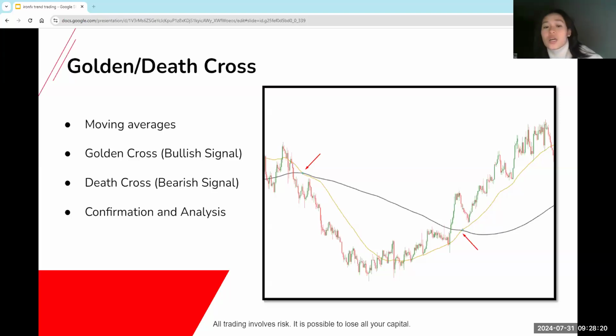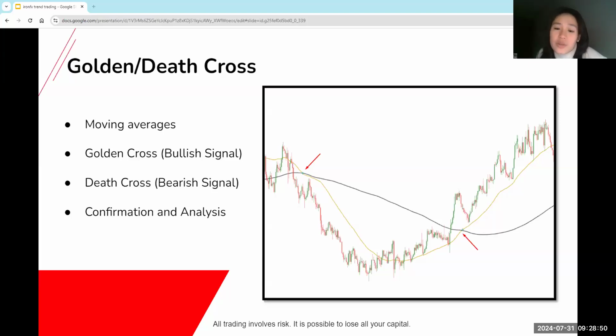If we're talking about a golden cross, for example, the shorter term moving average, let's say 50 days, crosses above the longer term moving average, say 200 days. This crossover suggests a potential shift from the downtrend to an uptrend, possibly indicating a buy entry.